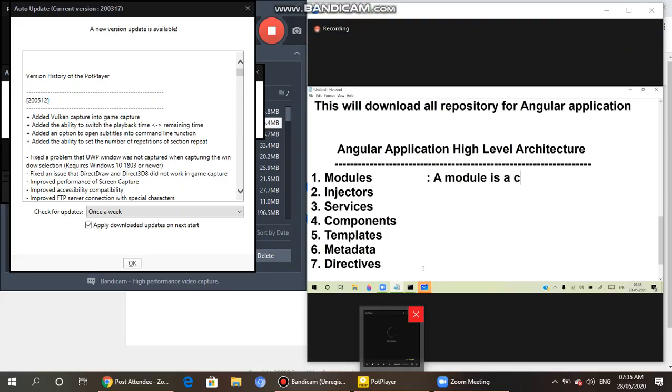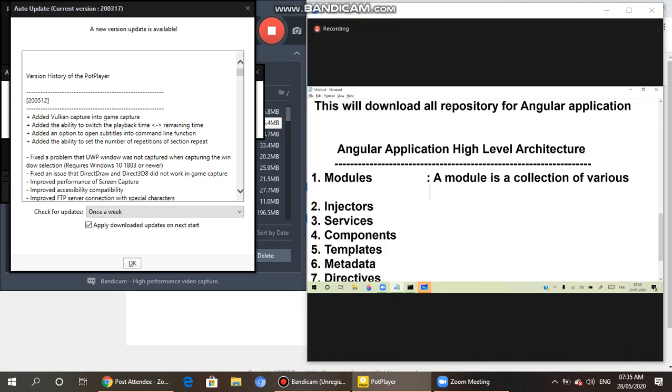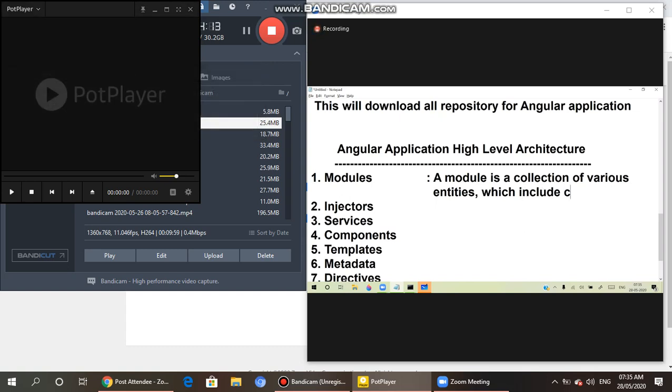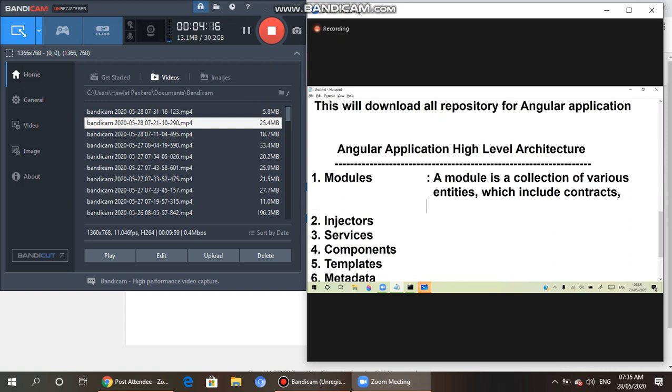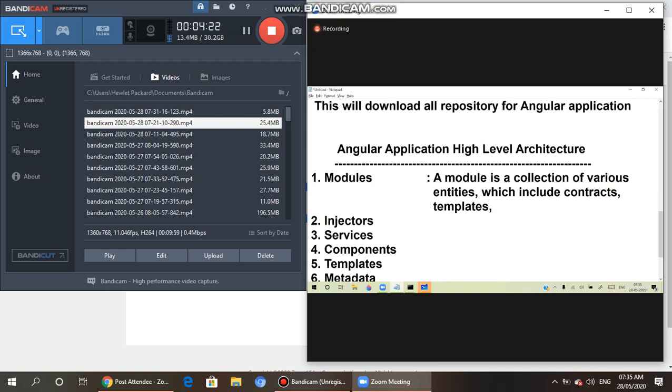is a collection of various entities, which includes contracts, templates, services, etc. That means all are present in a module.